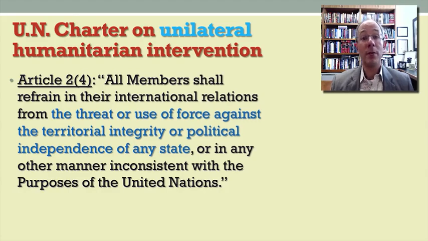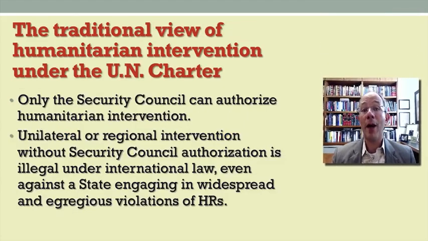So what does this mean in practice regarding views about humanitarian intervention? The traditional rule was, and I think it's fair to say still is, that only the Security Council can authorize humanitarian intervention. Unilateral or regional intervention without such authorization is illegal under international law, even if it is used against a state that is engaging in or on the verge of engaging in massive and egregious violations of internationally protected human rights.